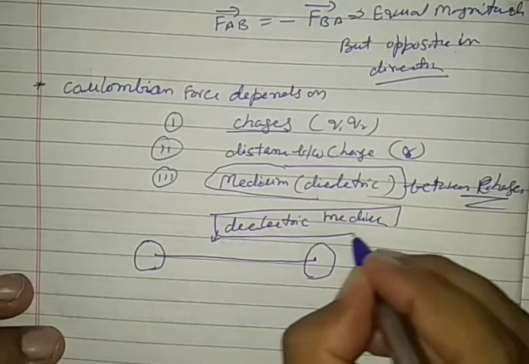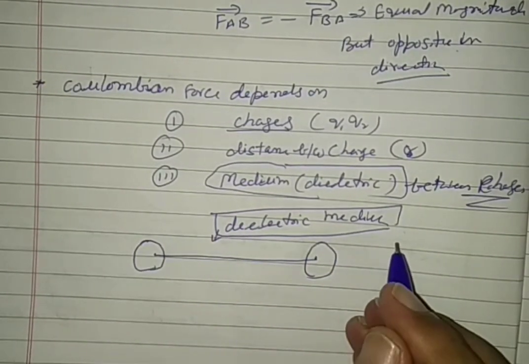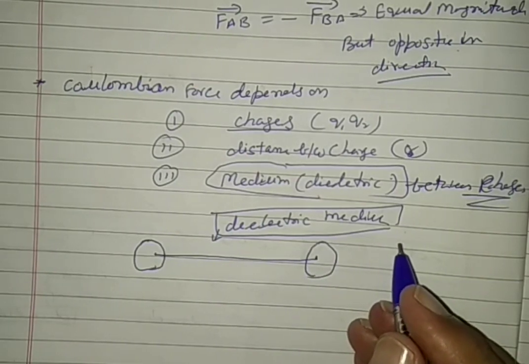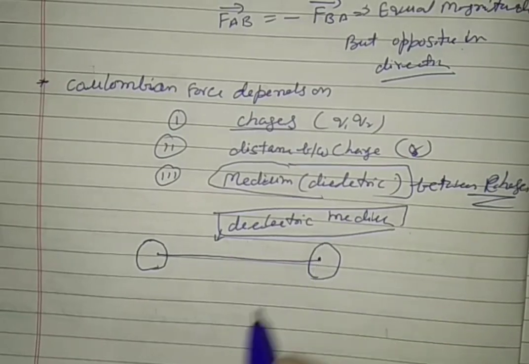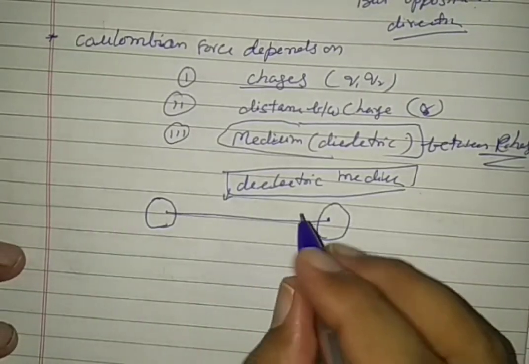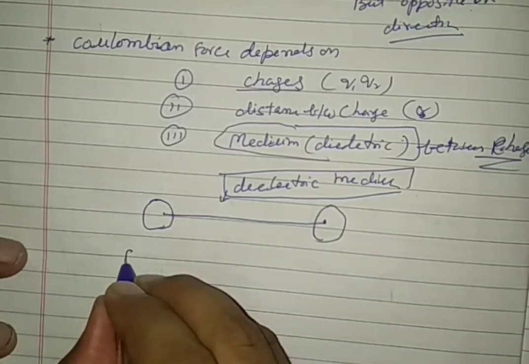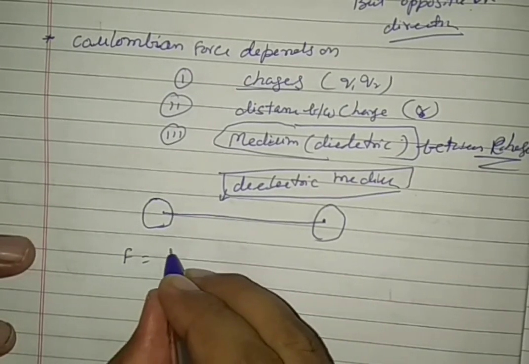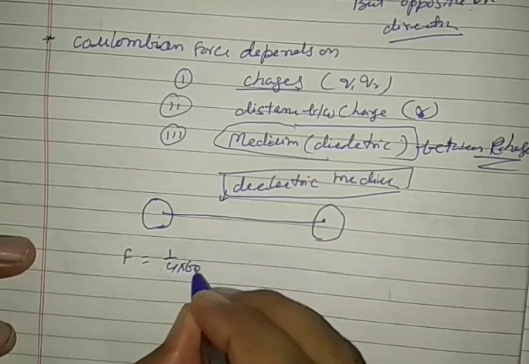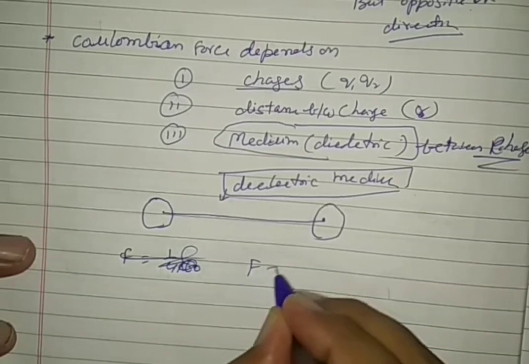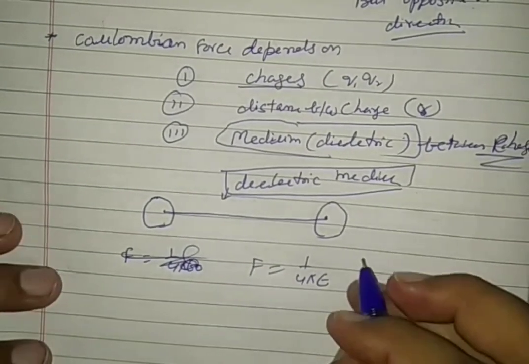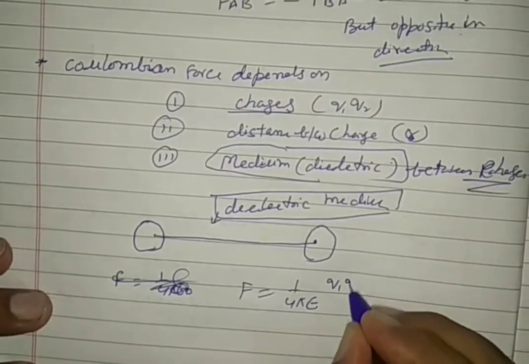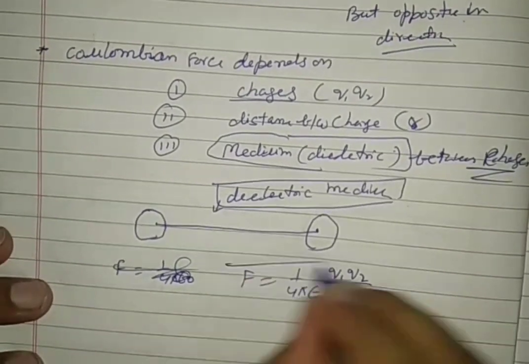Dielectrics are the same as insulators. Once kept in an electric field they show electrical effects. So it is one type of insulating material. Then Coulombian force is given by formula 1 upon 4 pi epsilon, not epsilon 0, Q1 Q2 by r square.